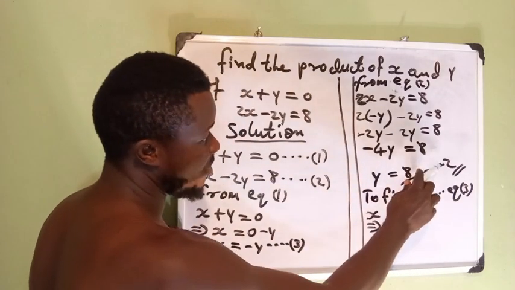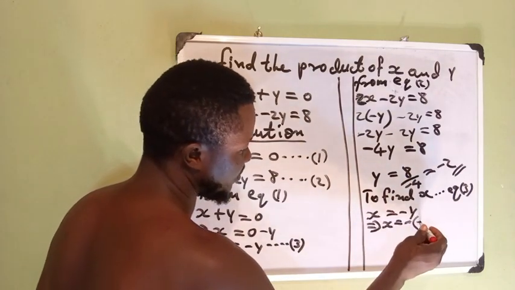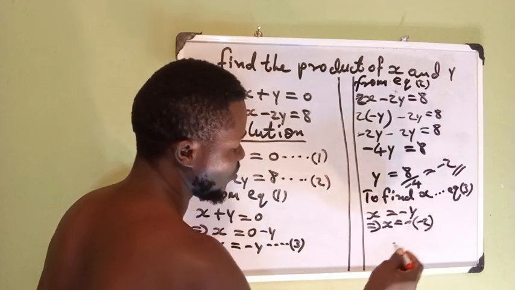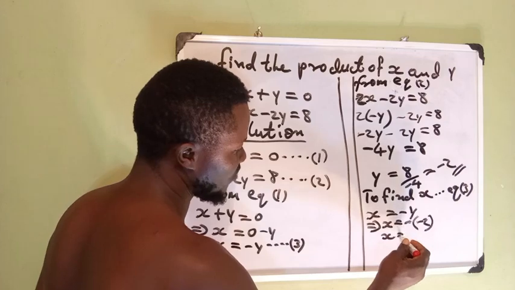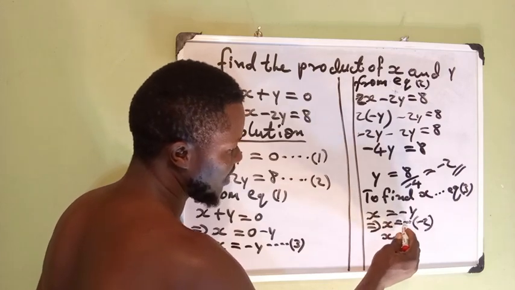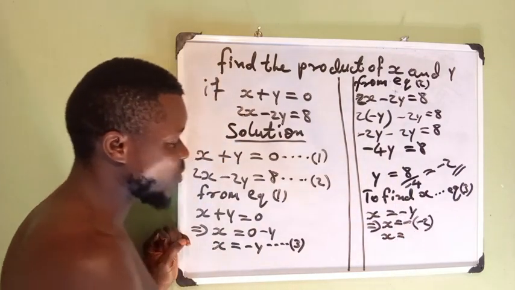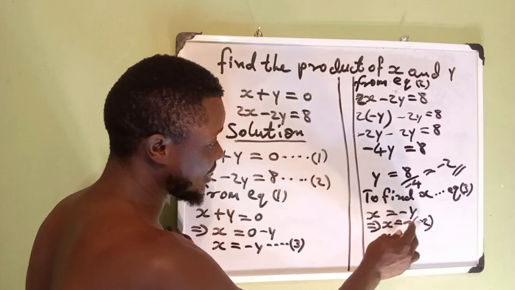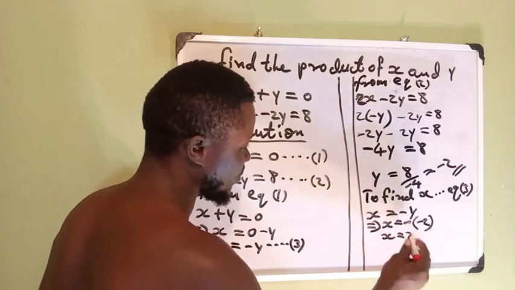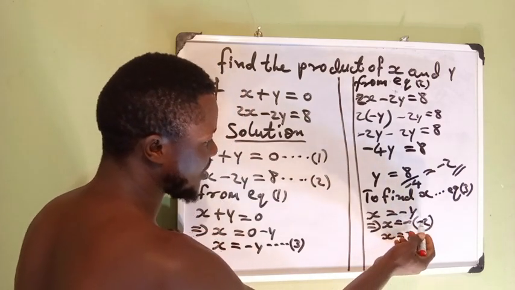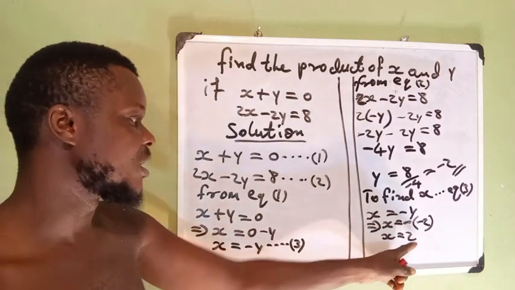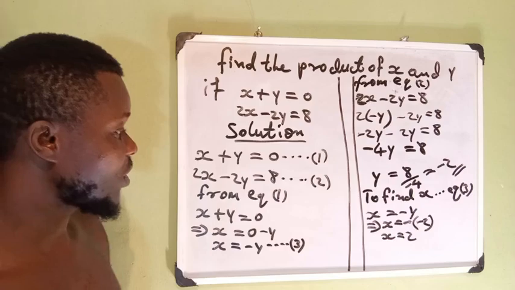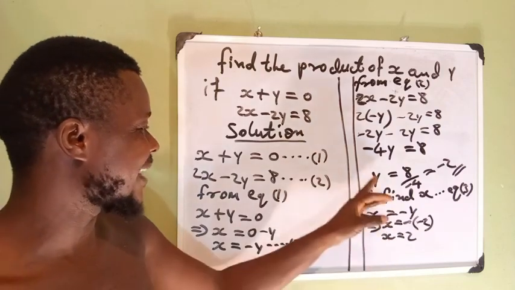What is our y? Our y is -2. We now put -2. So x is equals to, this minus here is just like saying -1. So minus 1 times -2 will give us 2. Because this minus will cancel out this minus to give us 2. So we've already gotten the values of our x and y.